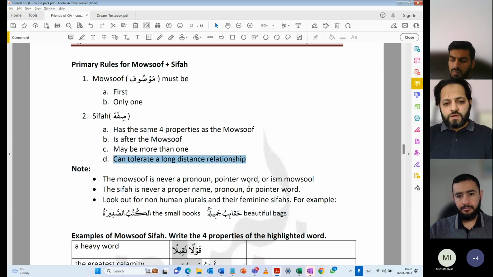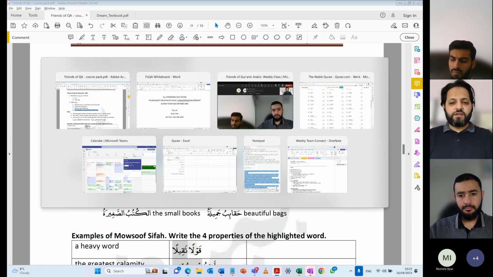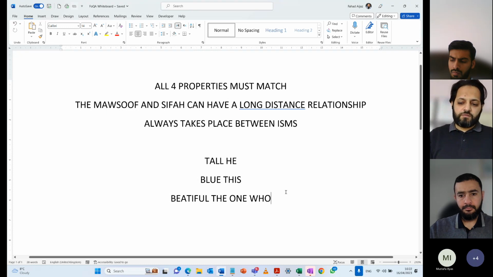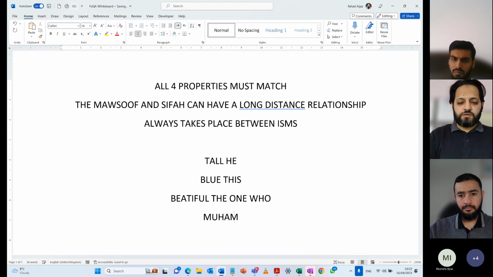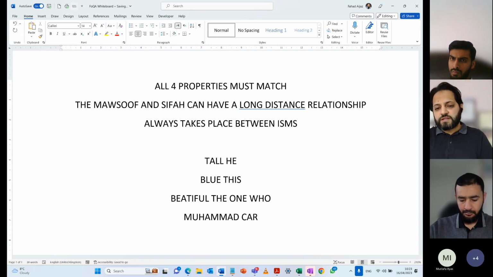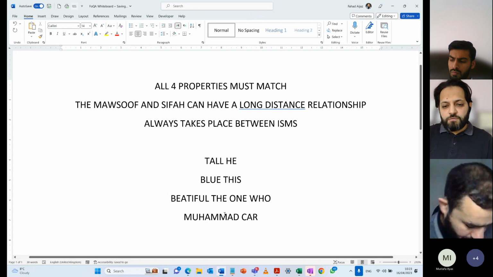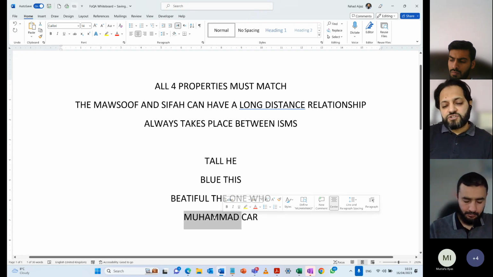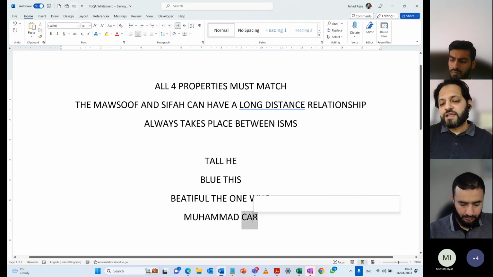A sifa will never be a proper name, pronoun, or pointer word. You cannot say, for example, Muhammad car. Doesn't make sense, right? Muhammad cannot be a characteristic or adjective for car or anything else for that matter, right?